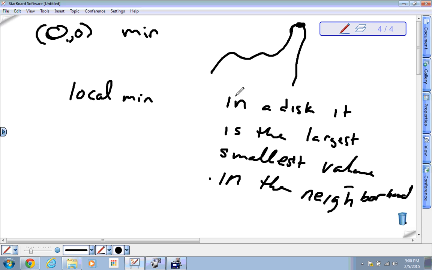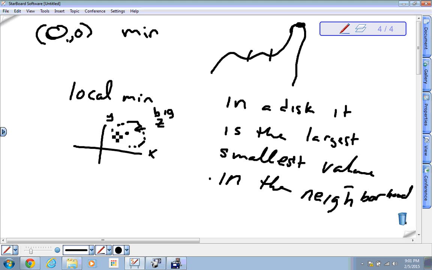Alright, so it's the largest or smallest in the neighborhood. This is the highest point in this neighborhood, say, from here to here. Well, in the xy situation, if I look at x and y, picture it as this is the highest z value, some z value that is the biggest, the big Z. It is the biggest in some neighborhood.